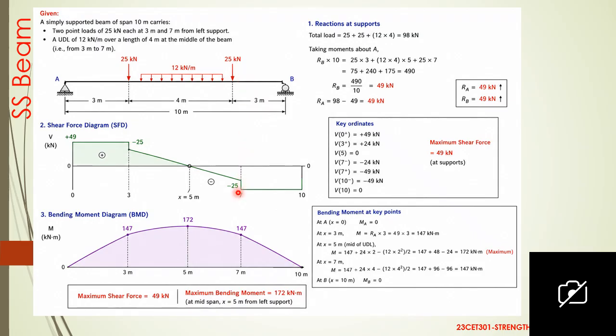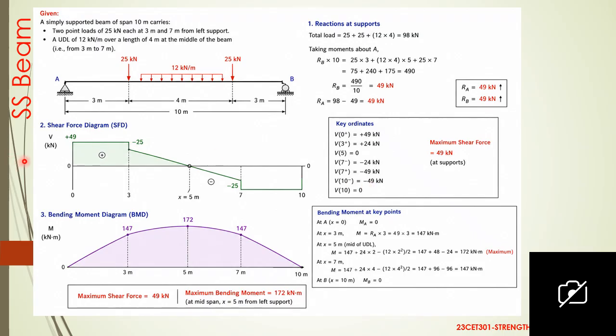Again, adding the point load, minus 24 minus 25, we will get the value of minus 49. So you can see minus 24, minus 49. At the 10 meter, that is the end of the beam, the value is 49. We can easily draw the shear force diagram.